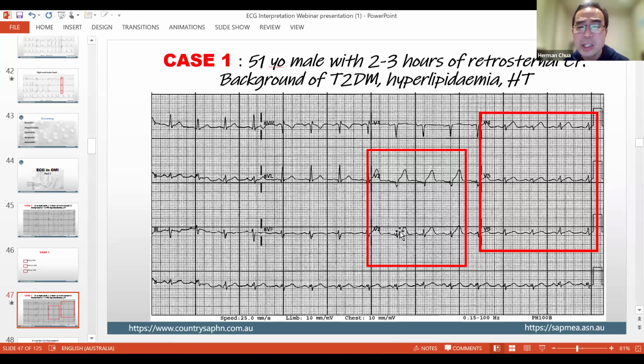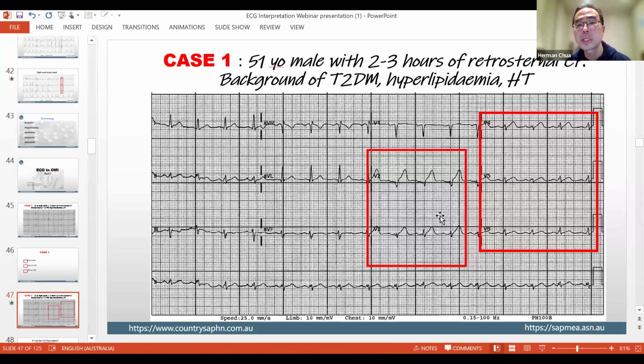Look at how tiny the QRS complex is in V2, V3, V4, V5 and even V6. Hyperacute just means that it's big and bulky with a wide base. Why is it wide in base? Because the ST segment has straightened, so it increases the area under the curve. So it's symmetrical, not like your normal asymmetrical T wave.